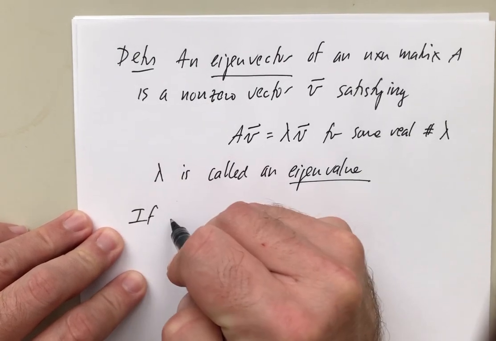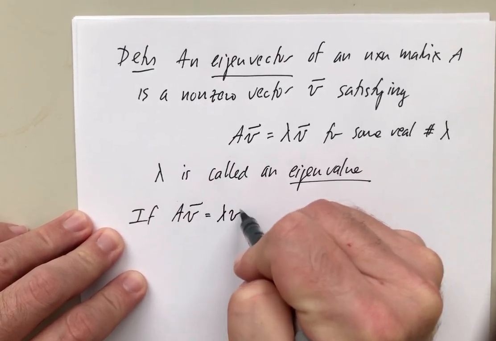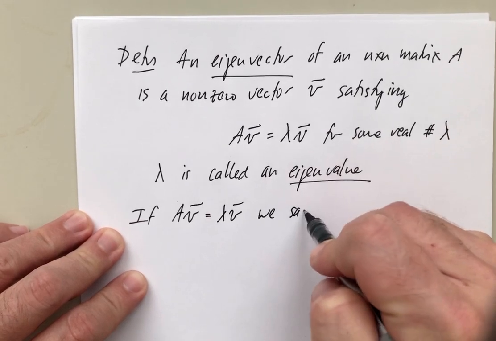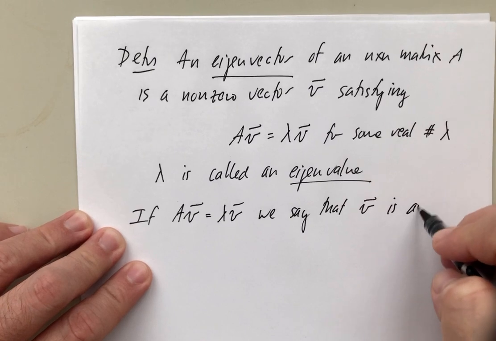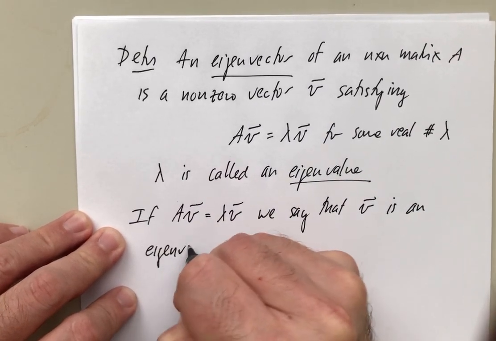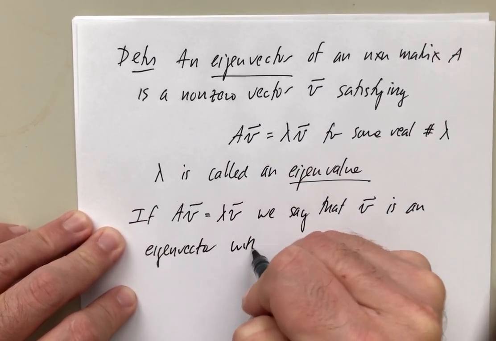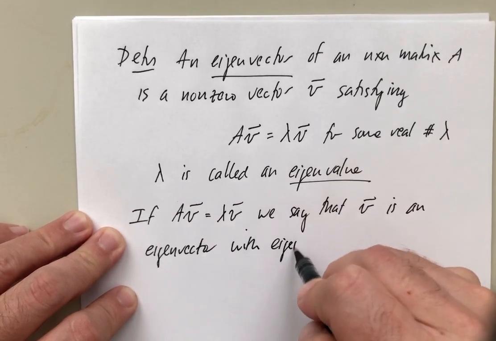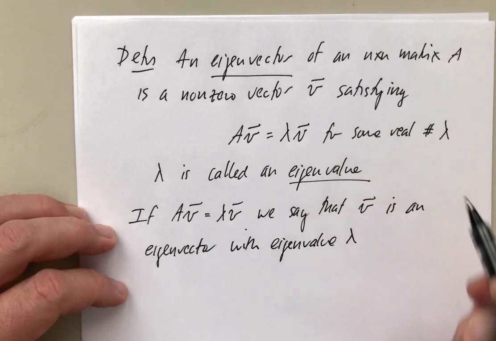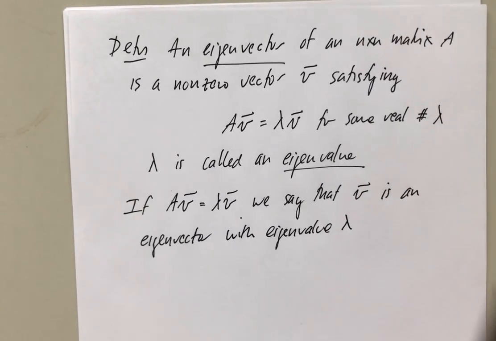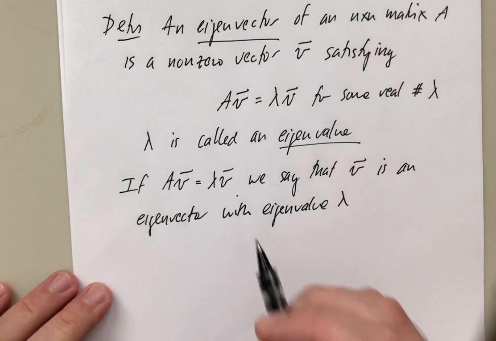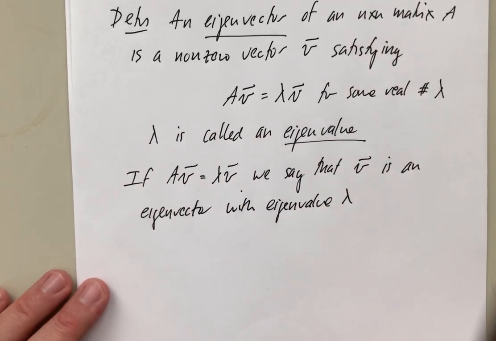If AV equals lambda V, we say that V is an eigenvector for A with eigenvalue lambda. Eigen, I think, is a German word. It means something like belonging to. So this eigenvector is something special to that matrix A.